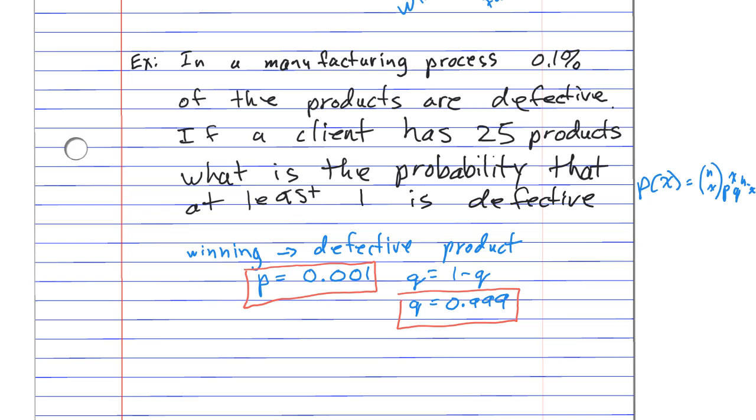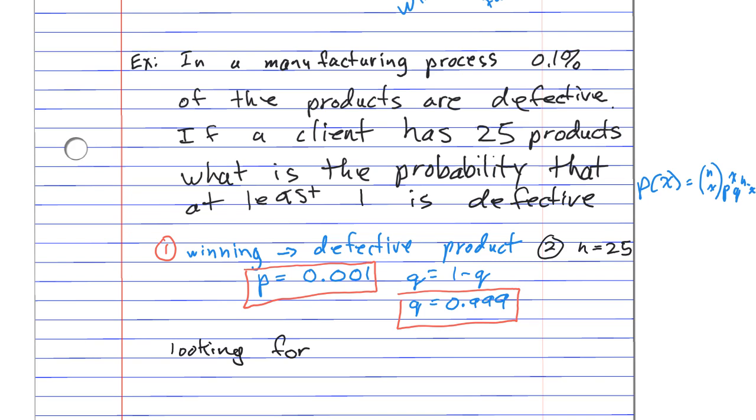So the key idea is, you always have to define what your winning means. And that's our defective product. Now, they also told us what n was. They said n was equal to 25 products. Now, what we are looking for is at least one.